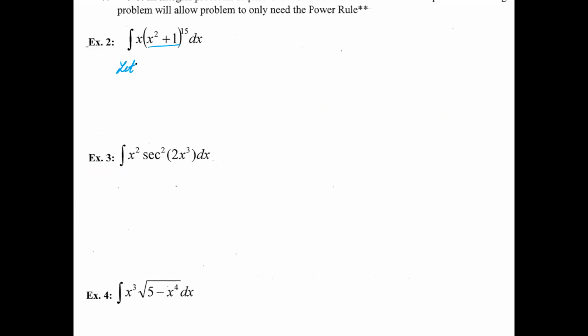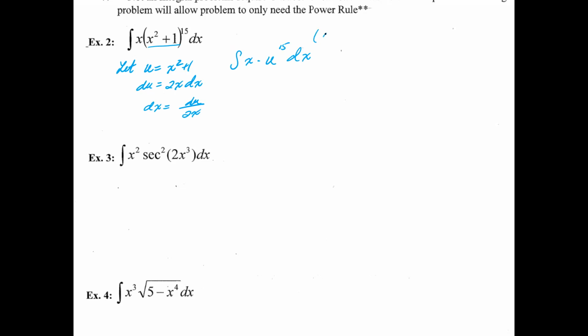So in this case, where do you think the change is happening? Most of the change is happening inside the parenthesis. So let's let u be x squared plus 1. du is going to be 2x dx, and then dx equals du over 2x. Once I have that, let's go ahead and substitute. So I have x times u to the 15th power dx.